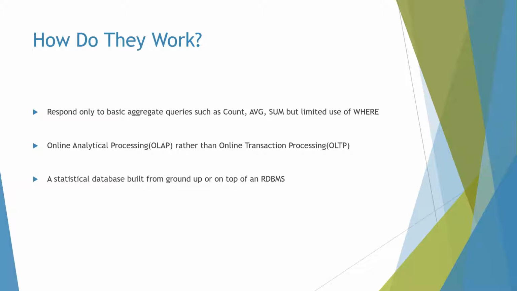But it should be noted that the use of the where clause is very limited, obviously because of the relationship the where clause can have with identifying or isolating records that could contain confidential information. These databases function basically as online analytical processing, or OLAP as we all know it, rather than online transaction processing systems, also called OLTP.